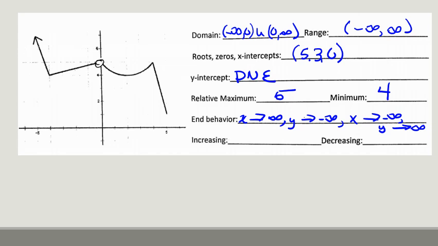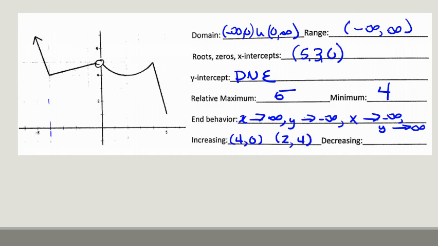My graph is increasing from 4 to 0. It's rising. It's actually also increasing from this point here on that little arc. So it's increasing from 2 to 4.